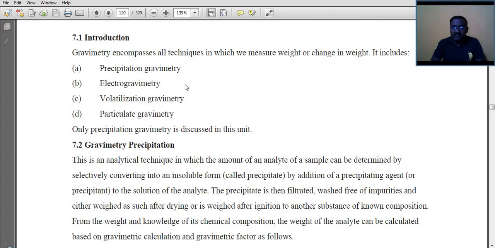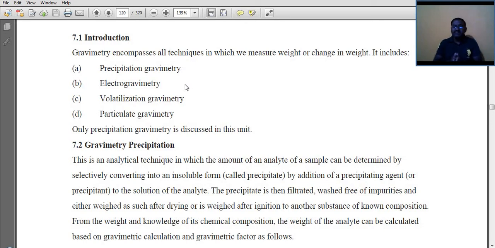Among the gravimetric techniques are precipitation gravimetry, electrogravimetry, volatilization gravimetry, and particulate gravimetry. In this unit, we discuss only precipitation gravimetry.